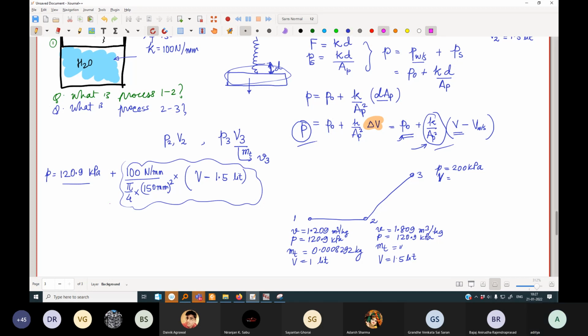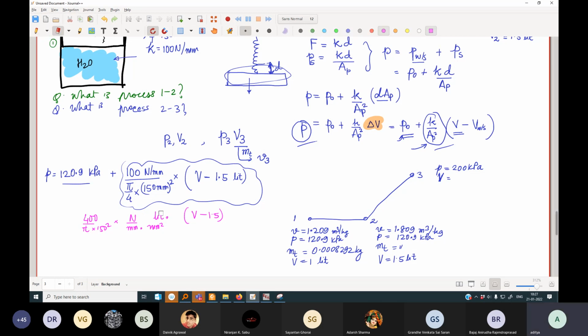Okay, so what is this? 400 over pi. You get a 150 squared and Newton per millimeter, and there's a millimeter square over here, and from here there is a V minus 1.5 and there is a liter over here. So liter is dm cube, right? 1 liter is decimeter cubed.